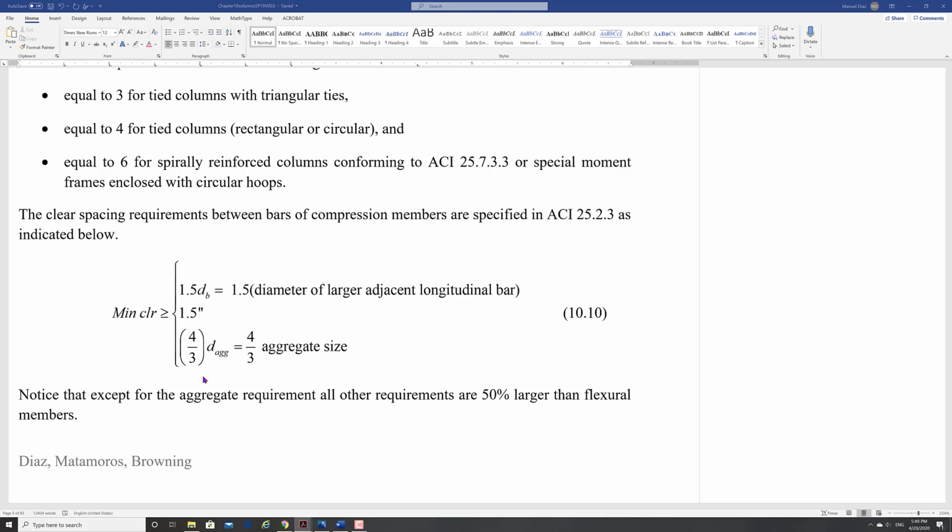Whichever is the largest of these 3, you pick the largest value, and that will be the clear distance that you need to have. These first two values are 50% more than what is required for beams. This one is the same. In beams it was 1 times the diameter and 1 inch.